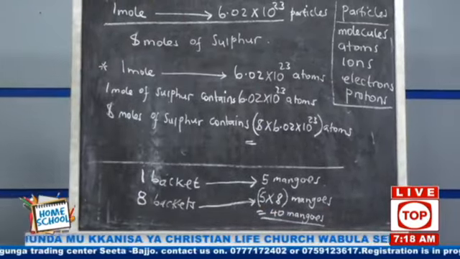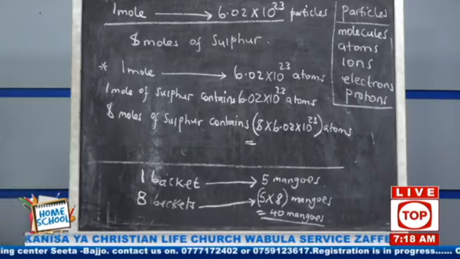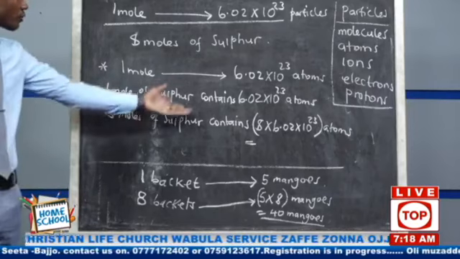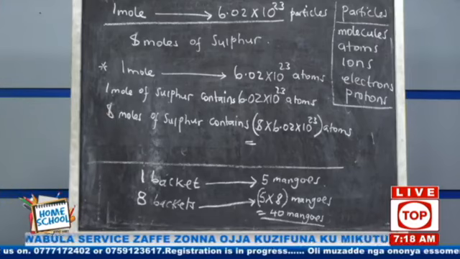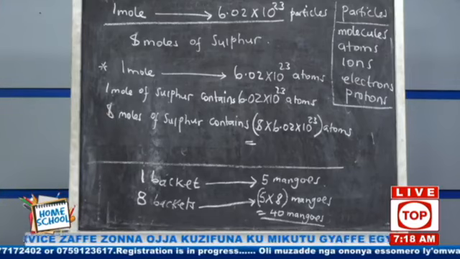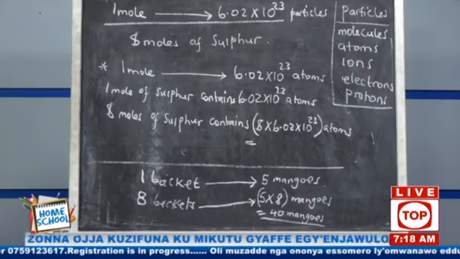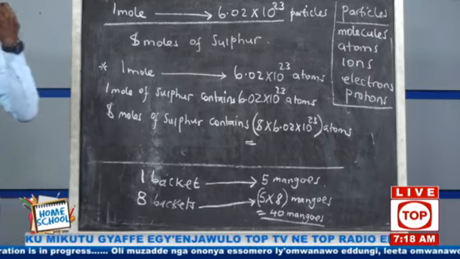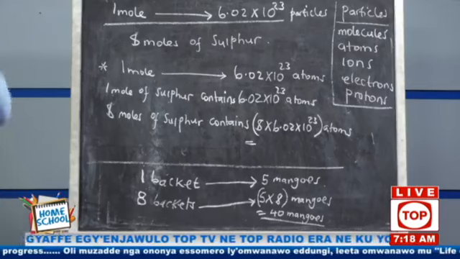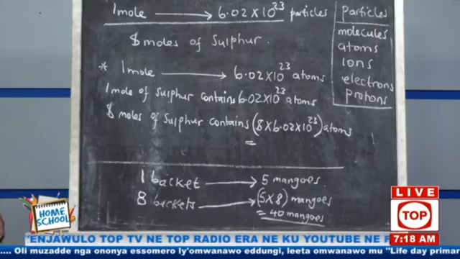That is the same concept we are using. We are saying that if 1 mole contains that one, what about 8 moles? That means 8 moles will be 8 times 6. Alright? And you get the number of atoms that you need in this.